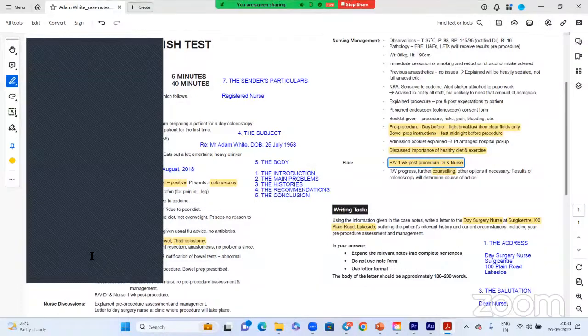An appointment for review of progress by the doctor and the nurse. An appointment for review of the healing process by the doctor and the nurse after a week has been scheduled. So copy these sentences. I've given you a number of sentences here.